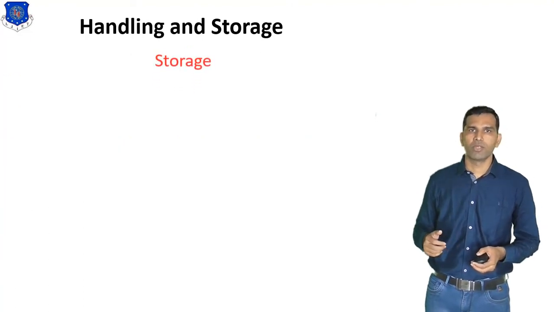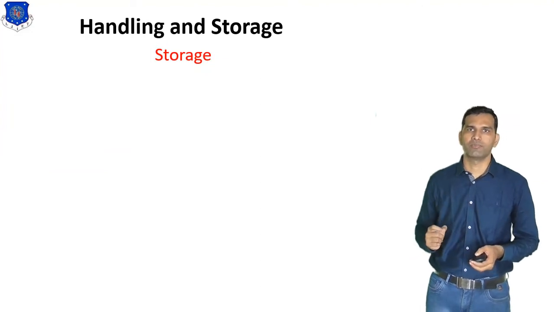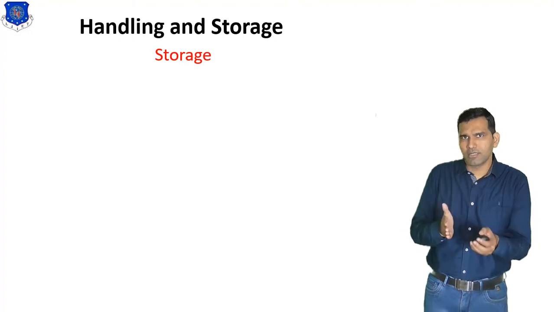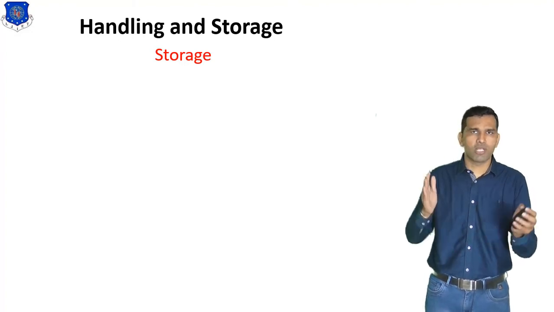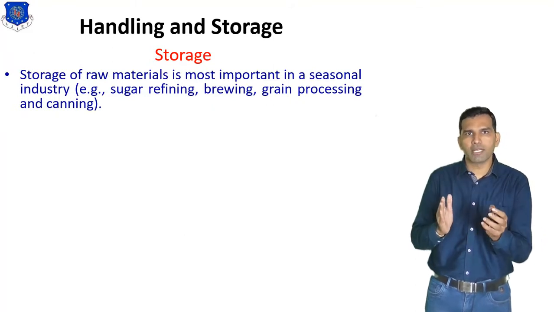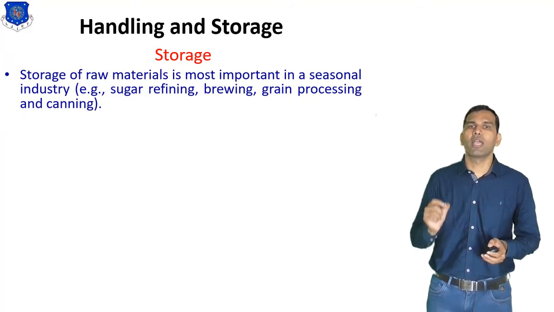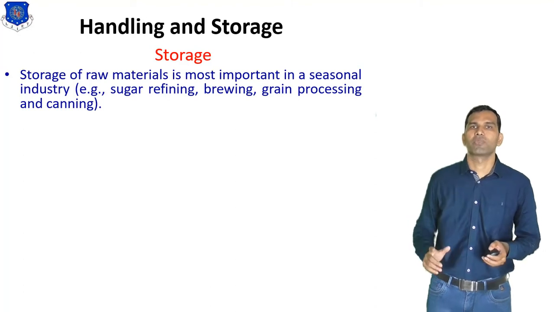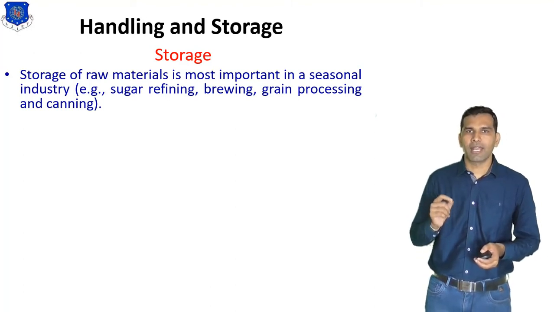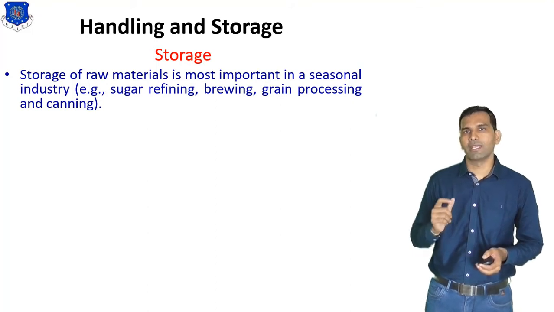Now we discuss the storage. As the name suggests, in this topic we discuss storing. Storage of raw material is most important in seasonal industries like sugar refining, brewing, grain processing and canning.